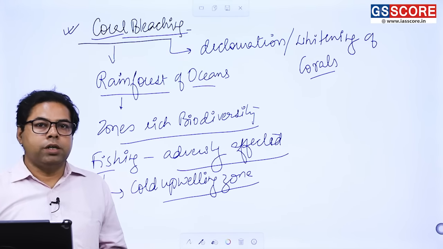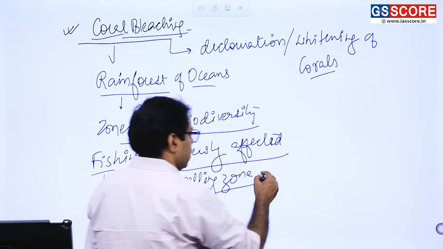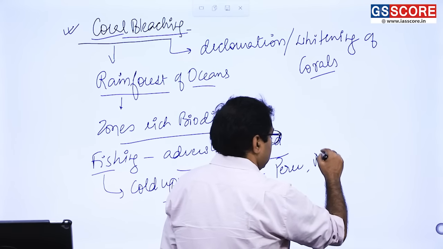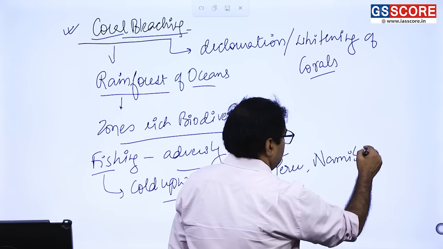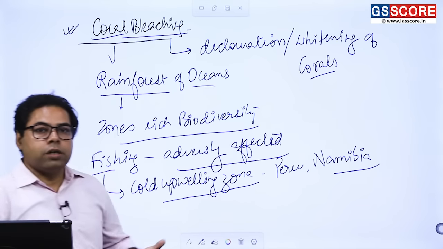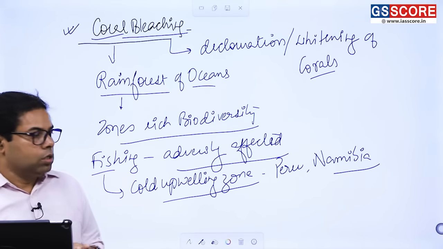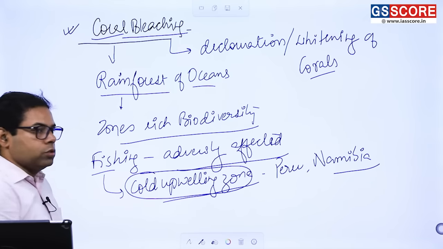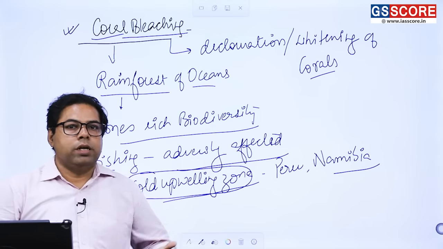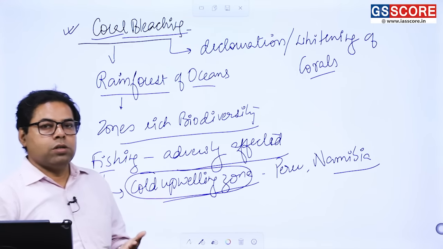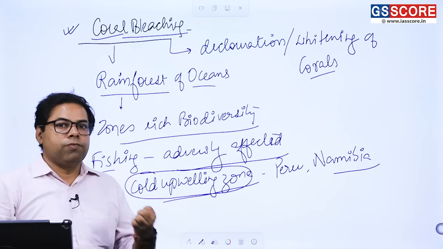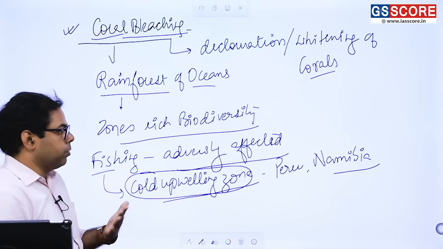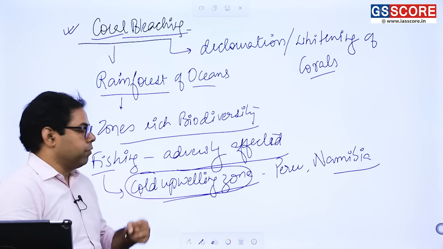Their economy is dependent on fishing only. For example, Peru, Namibia, and several Western Saharan countries. Their economy is based on fishing under the advantage of cold upwelling. These cold upwellings bring the dead skeletons of ocean animals, which become food for small organisms, the phytoplankton. So phytoplankton are rich there in the cold upwelling.